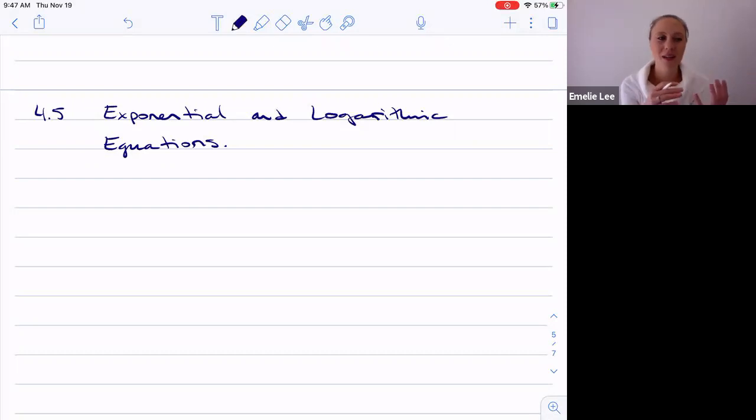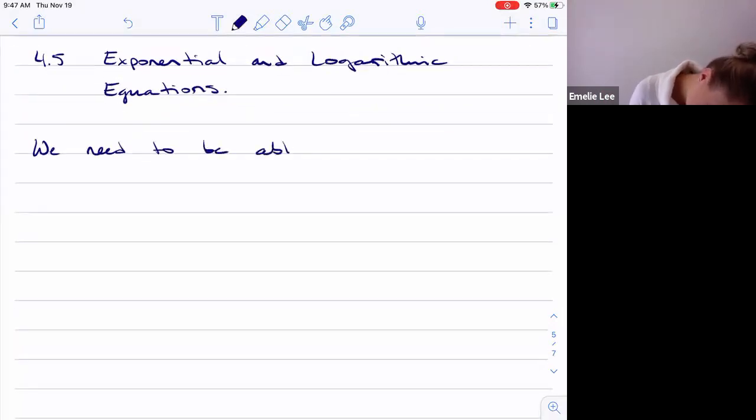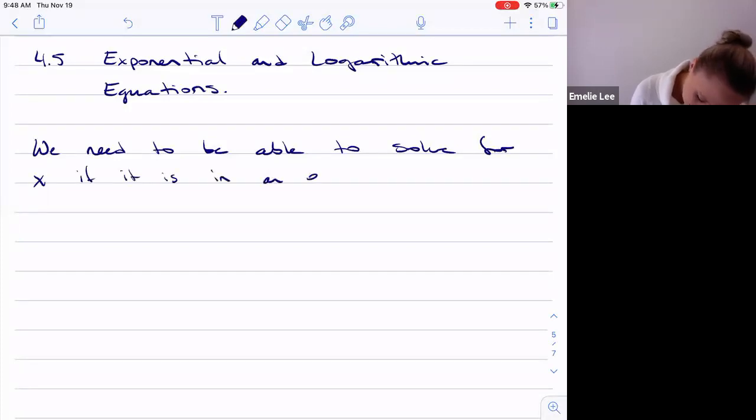So if we need to solve for x and it's in the exponent, if it's in an exponential equation or if it's in a logarithmic equation, we need to be able to solve for x.